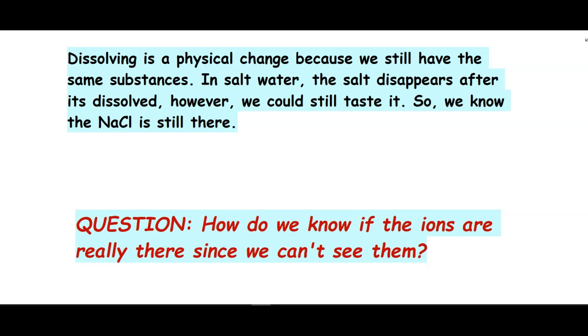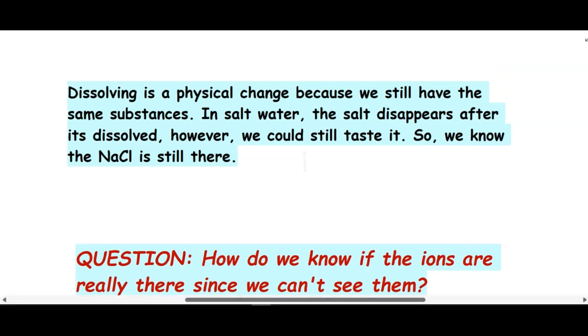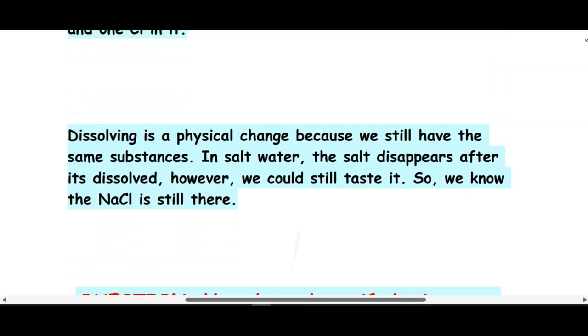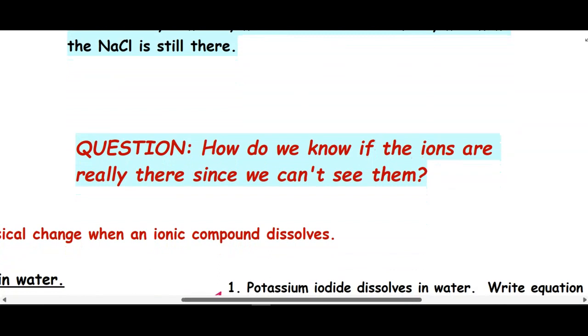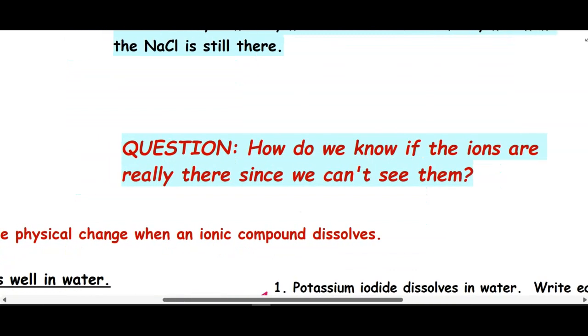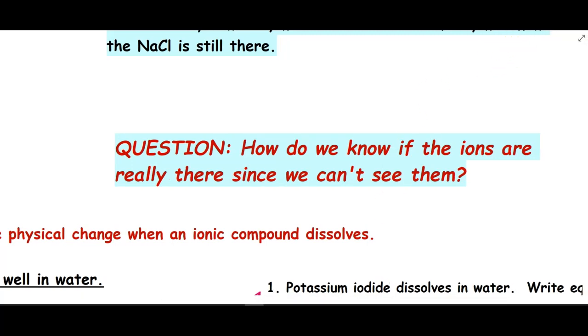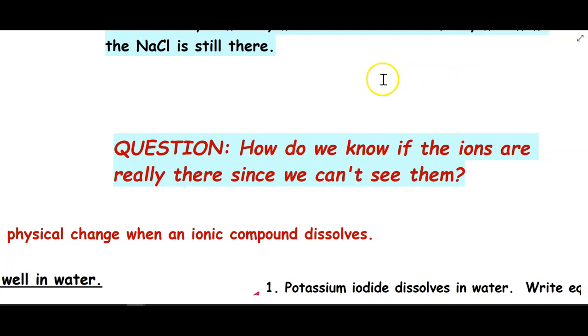So we know that the salt is still there. How do we know if the ions are really there since we can't see them? Well, the lab we do after this, I'm going to see if you become convinced that there actually are ions.